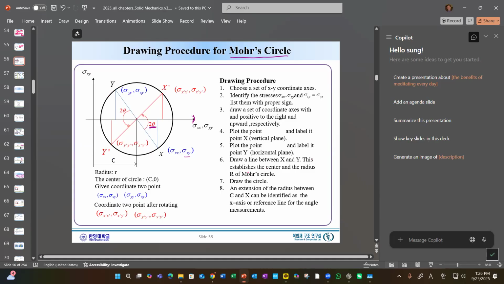For the Mohr circle, please don't forget that the x-axis represents normal stresses, and this is a shear stress.